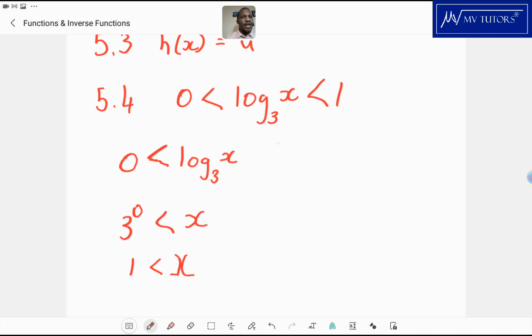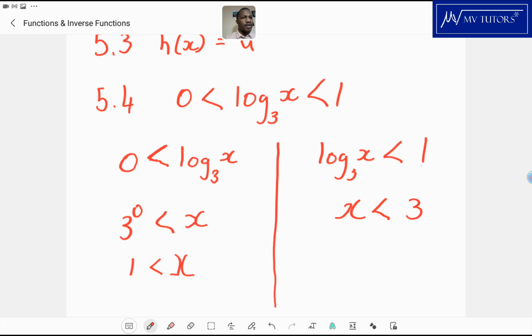Okay, we'll do the same for this side. We're going to say log base 3 of x is less than 1. Making x the subject of the formula, we know when you convert the bases are the same.